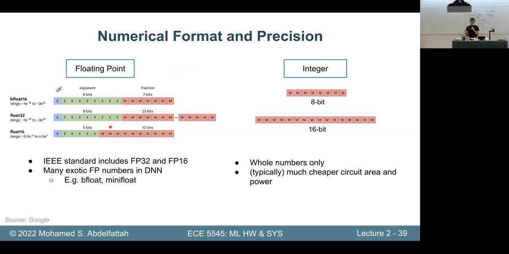When people ran these deep learning applications, they realized we don't need all of that precision. I can easily reduce my precision and maintain the same accuracy. People played around with different things, and the first one is float 16. Float 16 still represents a floating point number, but in reduced precision, which means we use fewer bits: 5 bits instead of 8 bits for the exponent, and 10 bits for the mantissa.